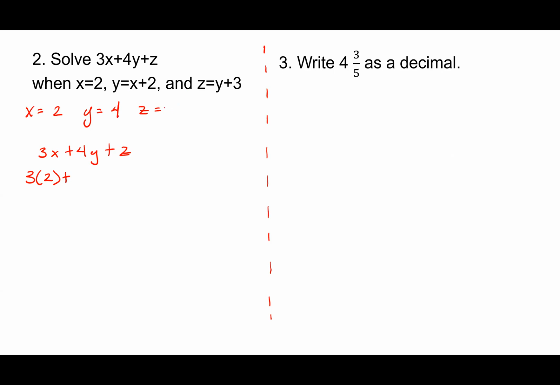Okay, so we've got 4 times 4 plus 7. All right, what's my final answer? 41? No. Nora, no. Maddie, okay. So we have 6 plus 16 plus 7. 6 plus 16 is 22, plus 7 equals 29. You guys, it doesn't hurt to write extra lines of work.